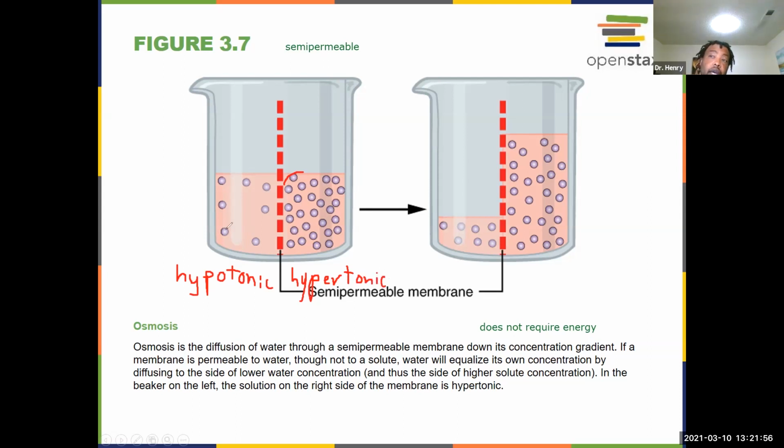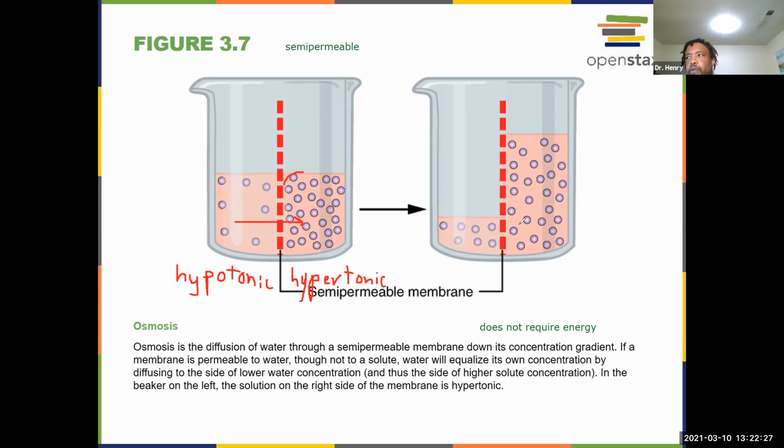So in this context, if we have all of this in a solution, or in this case, water, then over time the water is going to diffuse to the other side of the membrane. The diffusion of water is called osmosis. It's going to continue to diffuse until the concentration on this side is equal to the concentration on that side.